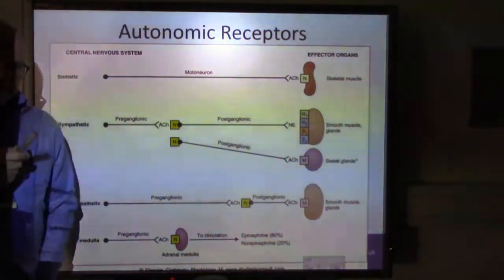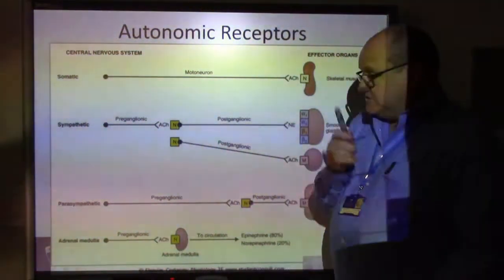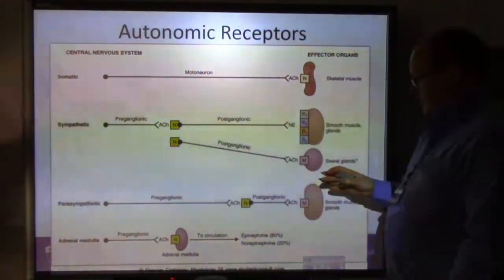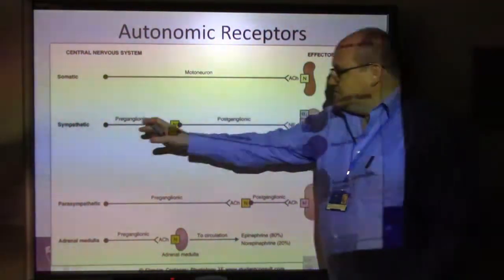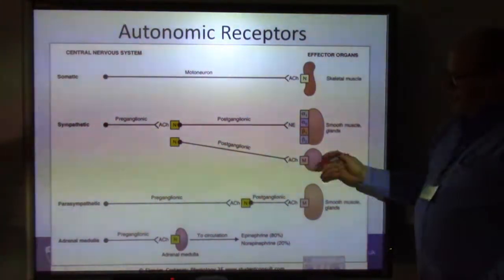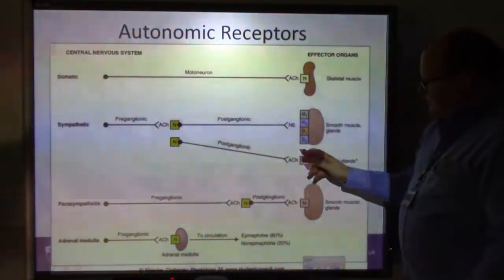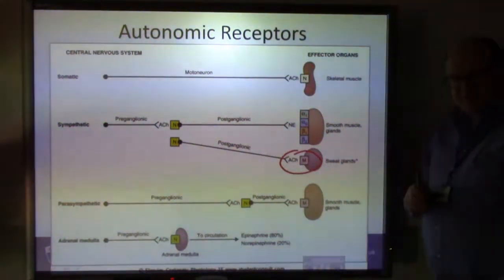This is a rule. However, as with all rules, there is always an exception. The exception to this rule is this bit here, and that is that when the sympathetic nervous system activates here, it also causes acetylcholine to work on muscarinic receptors in the sweat glands.